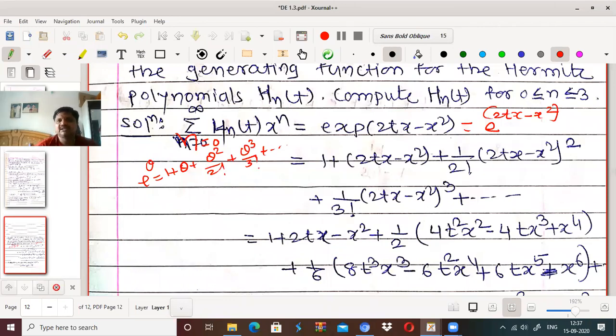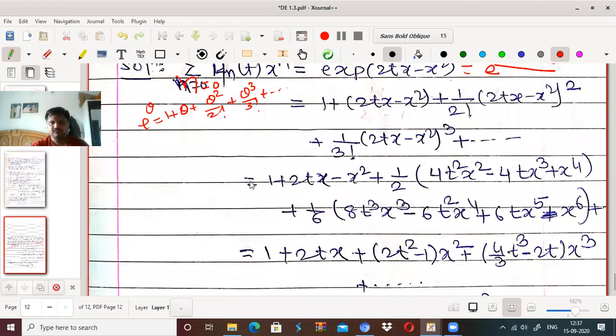So in place of theta, there is 2tx minus x square. So that's why I have taken 1 plus 2tx minus x square plus 1 upon 2 factorial (2tx minus x square) its square plus 1 upon 3 factorial (2tx minus x square) its cube and so on by using this. It's very simple.